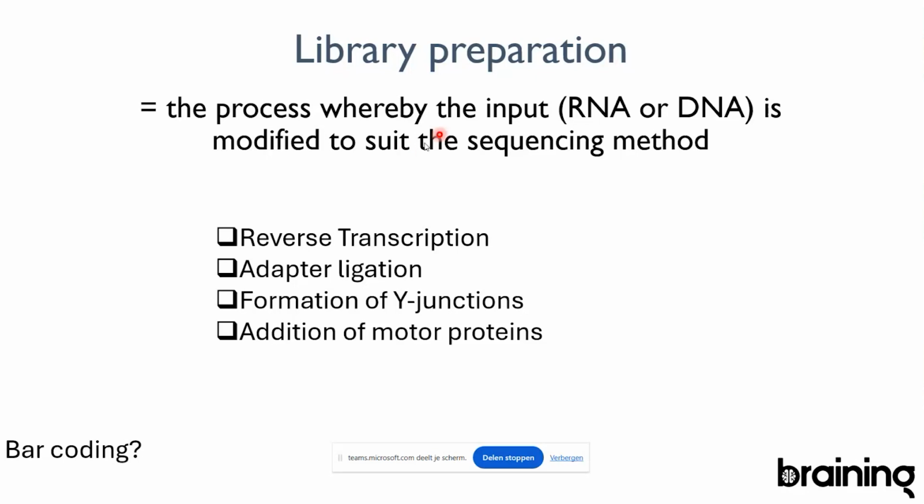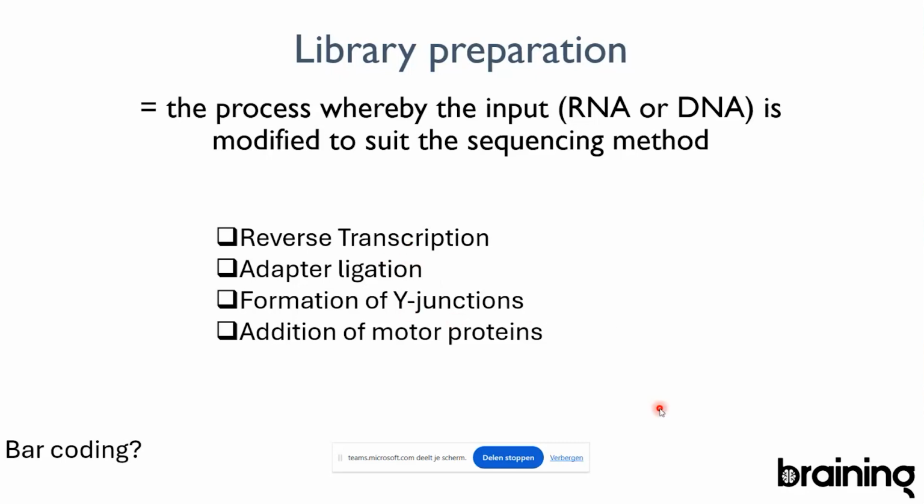In our case, this is a reverse transcription because we start from RNA and we are going to sequence the copy DNA, right? So in reverse transcription, we take an RNA molecule and we make a DNA molecule out of it. We have adapter ligation and addition of motor proteins.